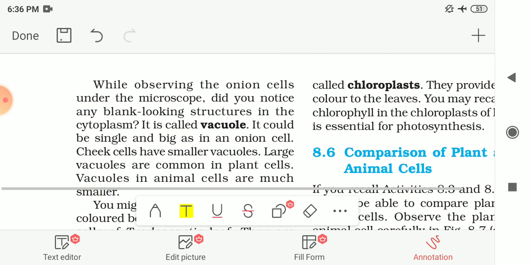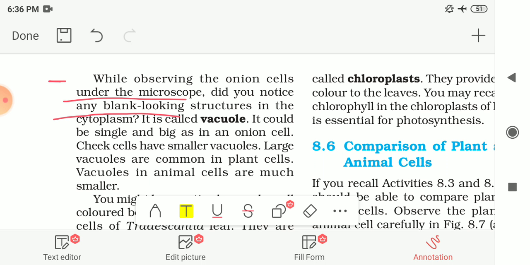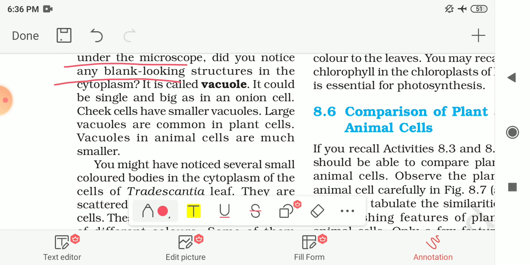Now let me move forward. While observing the onion cell under the microscope, did you notice any blank structures in the cytoplasm? They are known as vacuoles. Here in the next figure it is shown to you. That structure is known as the vacuole, and it could be single and big as in the onion cell.